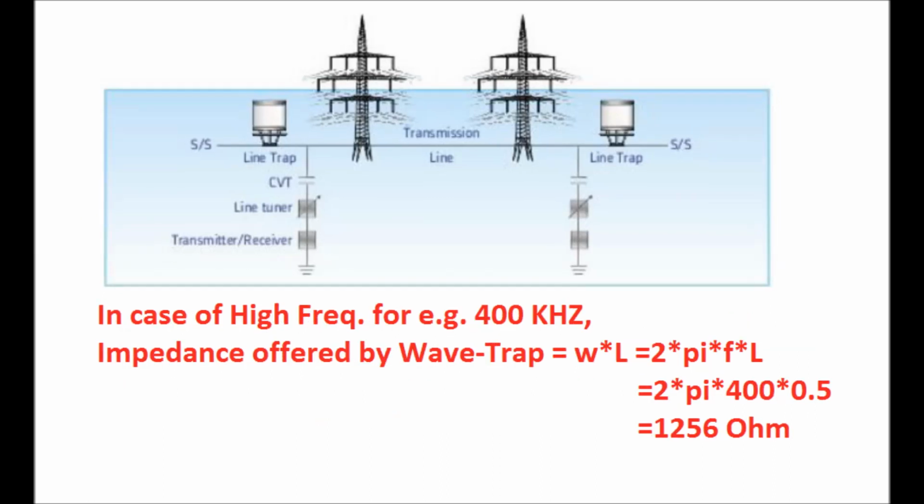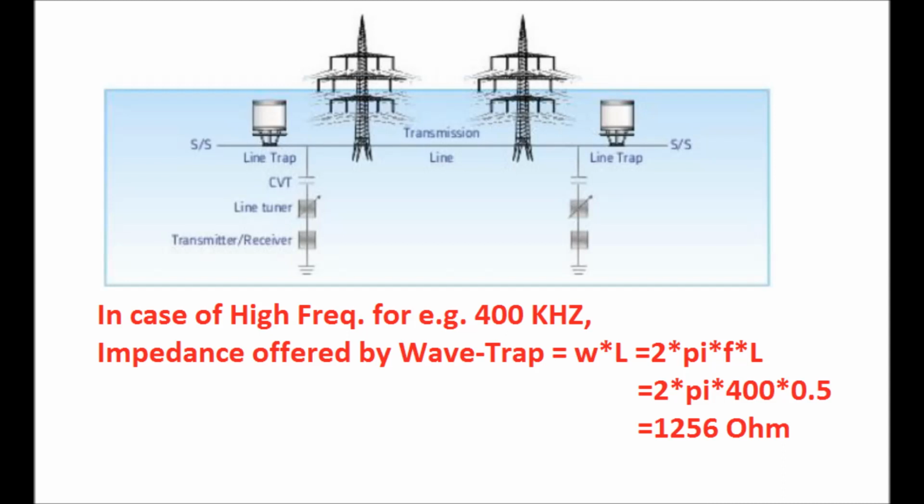Now, in the case of a high frequency signal, for example, consider the high frequency as 400 kilohertz. The impedance offered by this wave trap at 400 kilohertz will be omega into L. The value of L remains the same, 0.5 millihenry, and here the frequency is 400 kilohertz.